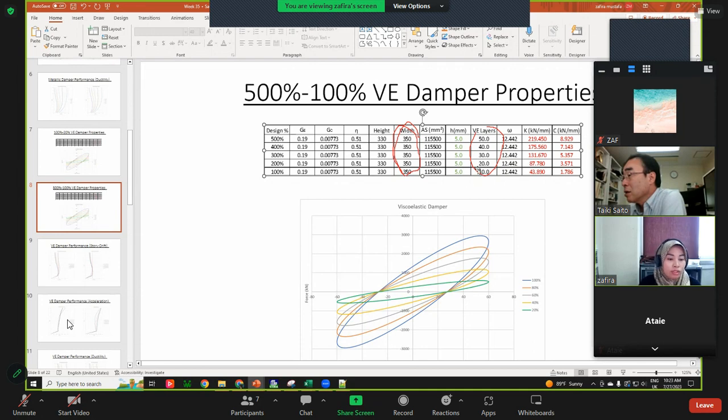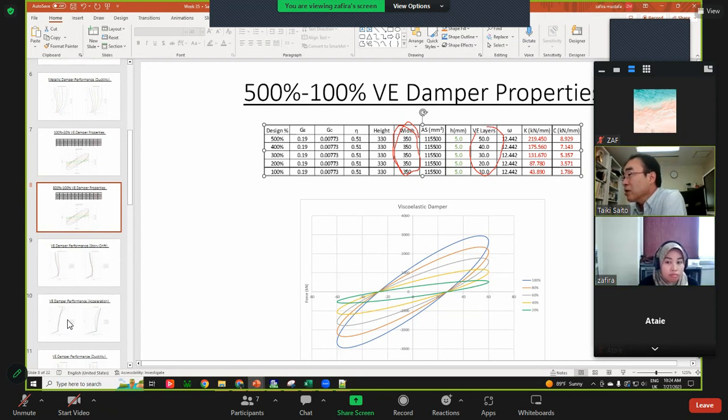If we want to increase the capacity, we just increase the layers. Sorry, I don't understand. If we increase the area, the shear area also increases, and the K and C also increase. But I want to make the design by just controlling the number of viscoelastic layers.